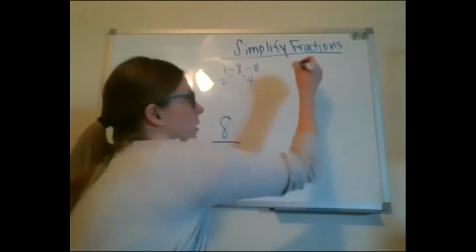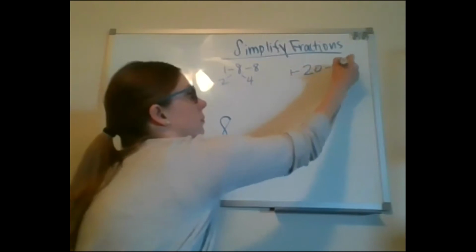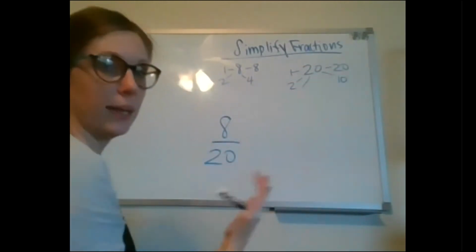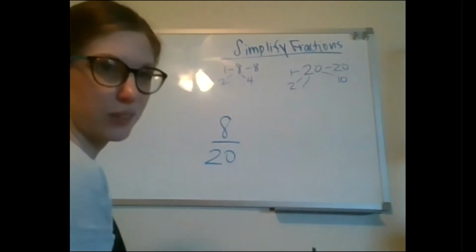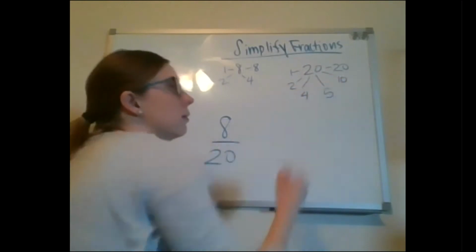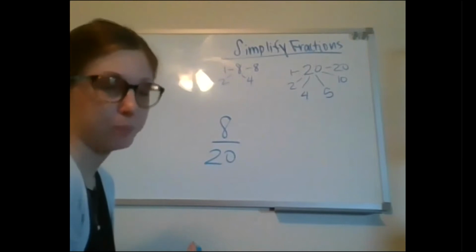Okay, numbers that can go into 20. You've got 1 and 20. You've got 2 and 10. 3 cannot go evenly into 20. We'd get some weird decimal, so we're not going to use it. 4 and 5. And anything past that isn't going to go nicely into 20.